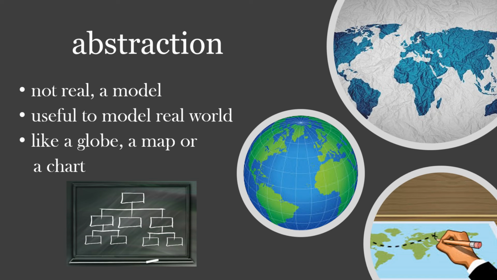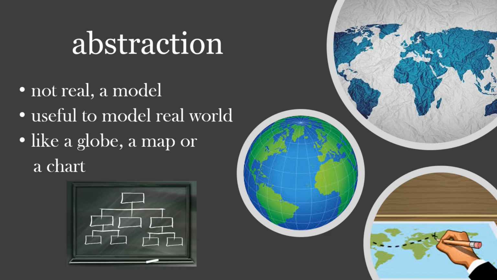You might have heard of a term called abstraction, which means it's not real, it's based on a model. So it's useful to model the real world. For example, if you wanted to see the path from one country to another, you could easily see that on a map. But the map isn't the whole world, it's just a model of the world, such as a globe.